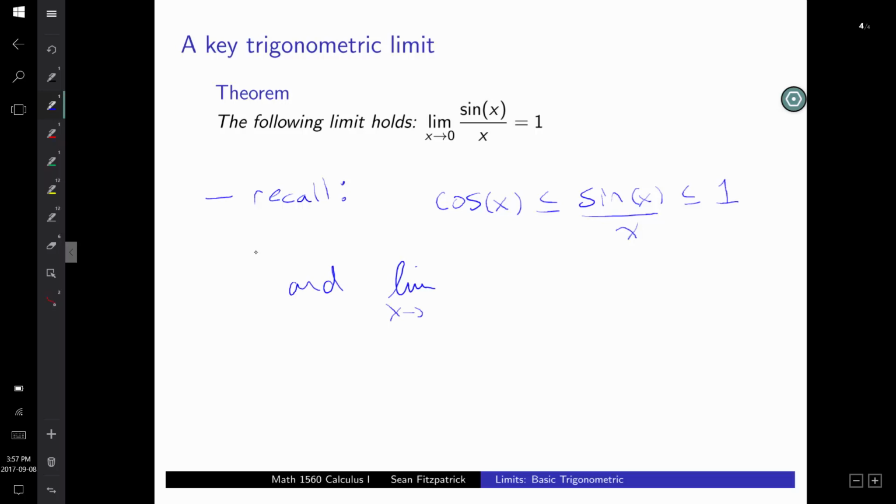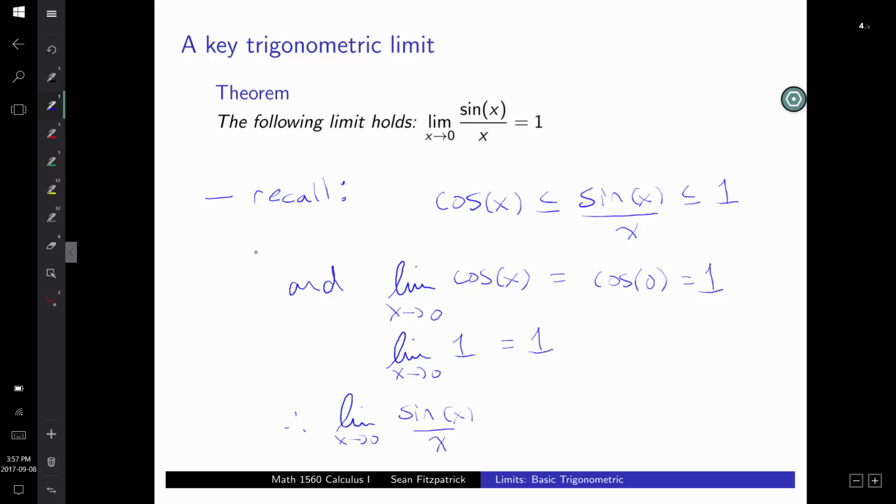Well, we also know that the limit as x approaches 0 of cos x is cos 0, which is 1. And of course 1 is a constant function, so the limit as x approaches 0 of 1 is just 1. And so we have our result: the limit as x approaches 0 of sine x over x is 1.